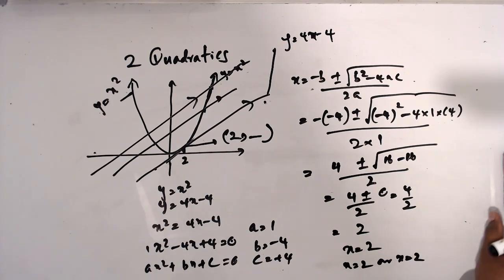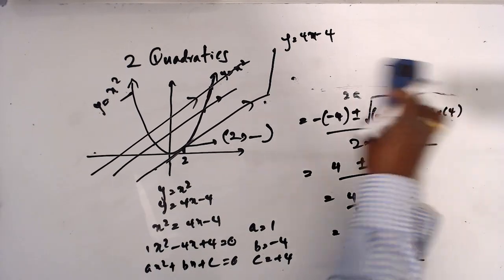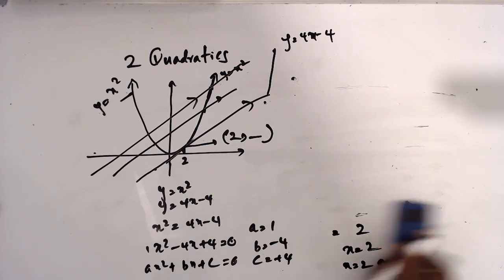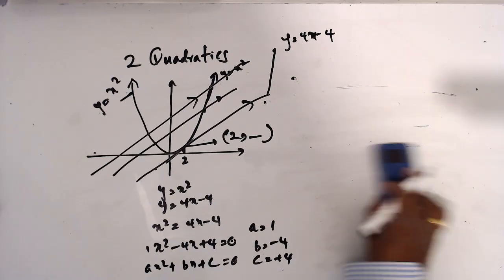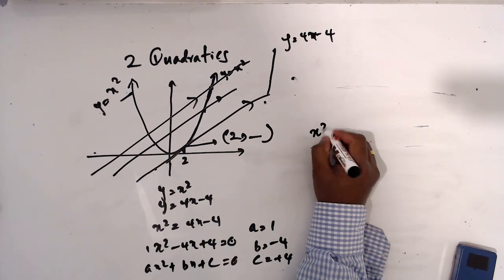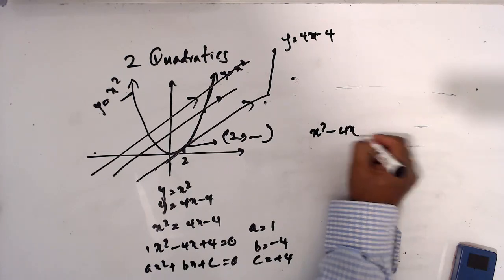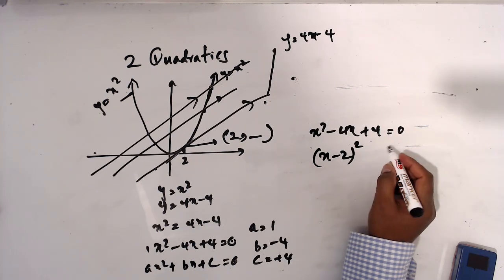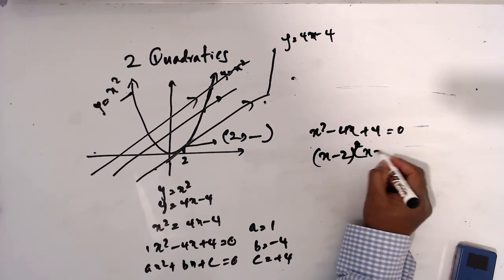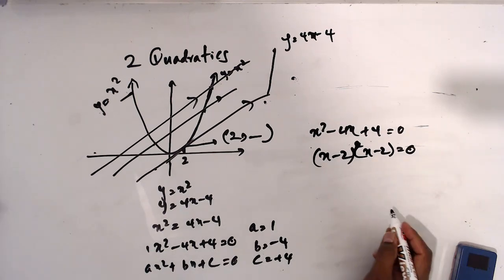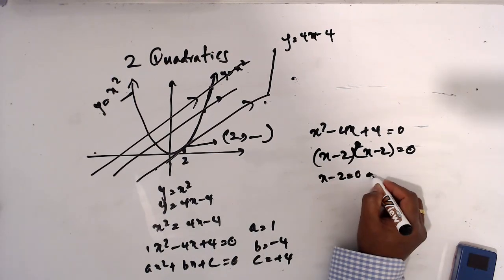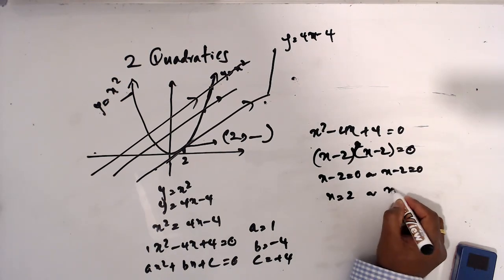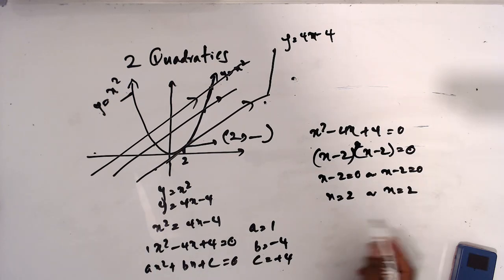Actually, you can simply factorize this very easily. x squared minus 4x plus 4 equals 0, so (x minus 2) squared, which is x minus 2 times x minus 2, equals 0. x minus 2 equals 0 or x minus 2 equals 0, so x equals 2 or x equals 2. The answers coincide.